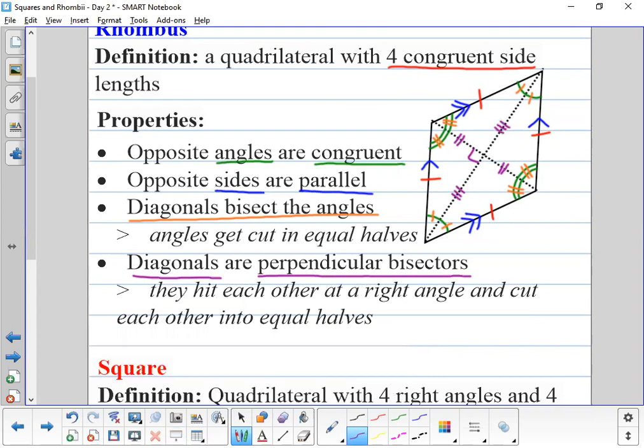So the diagonals of my rhombus create 4 right triangles. And if I have right triangles, that means that I can use the Pythagorean theorem to solve some problems.